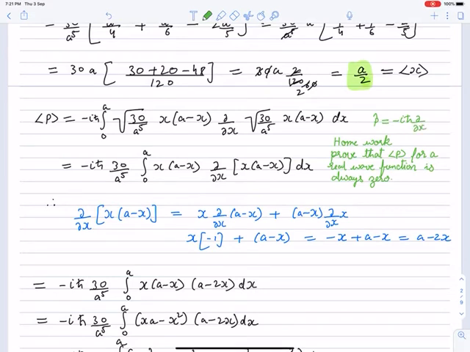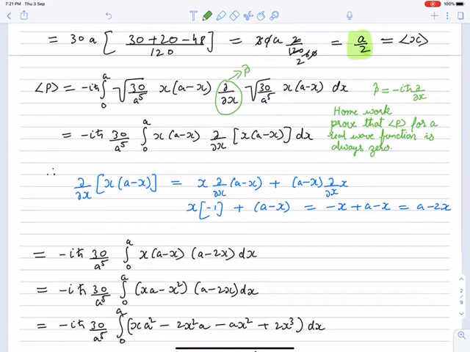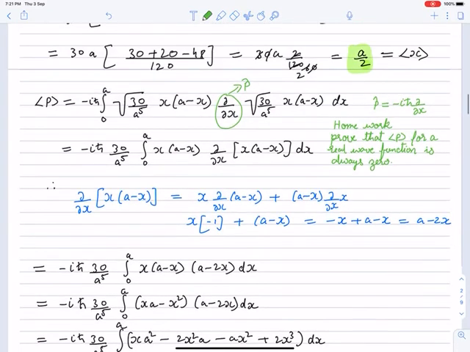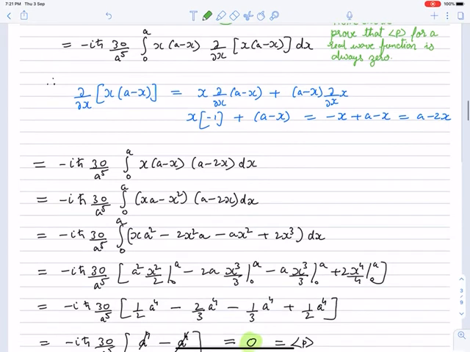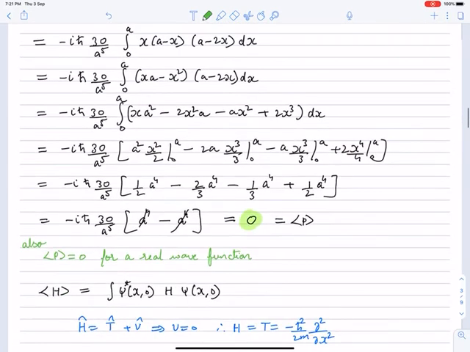So I have done del by del x of this, and you will get a minus 2x. Now you put it in again, and when you integrate it, this will cancel and you will get 0. But in entrance exams you can directly write momentum is equal to 0 for a real wave function. This is a shortcut.